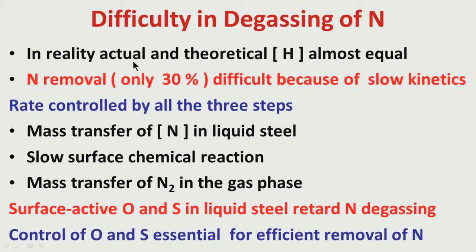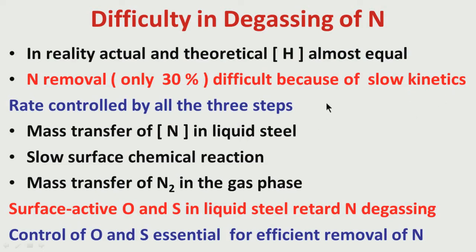But nitrogen removal, degassing of nitrogen, is not that efficient. Why? I will come to it now. Unlike hydrogen, where it is possible to get about 80-90% of the theoretical level of degassing, here degassing of nitrogen is only to the extent of 30%, maximum say 40%. This is difficult because of the slow kinetics.